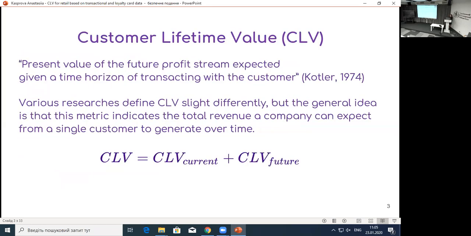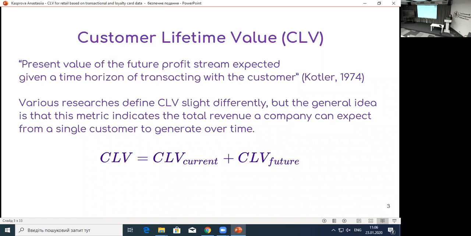Okay. So in 1974, Kotler defined customer lifetime value as the present value of future profit stream expected given a time horizon of transacting with the customer. So different researchers define customer lifetime value differently.